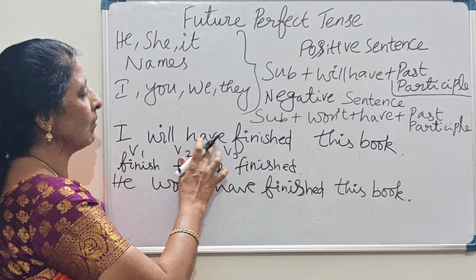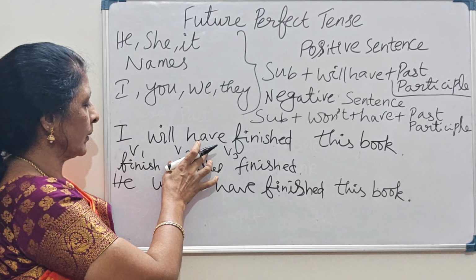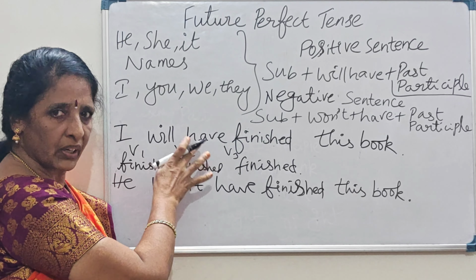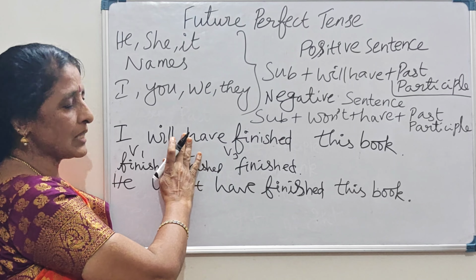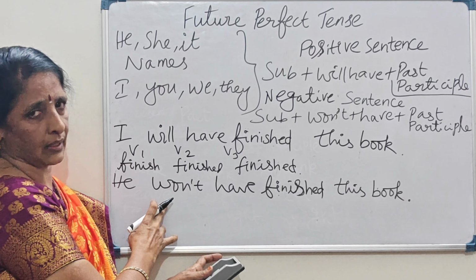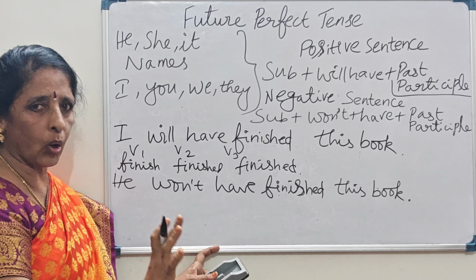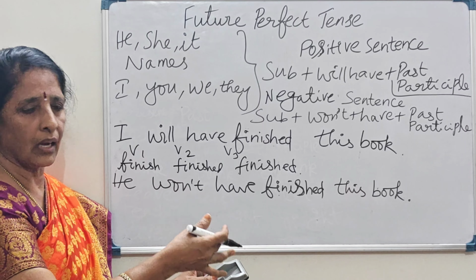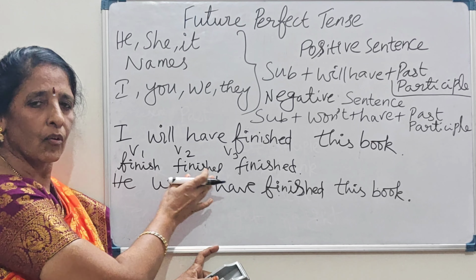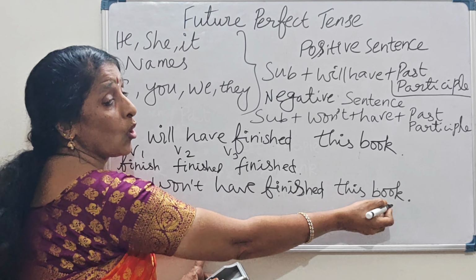So I will have finished this book. Here, this structure indicates that an action will be completed before a specific time in the future. But here, this sentence indicates that an action will not be finished by a specific time in the future. Okay, because he won't have finished this book.